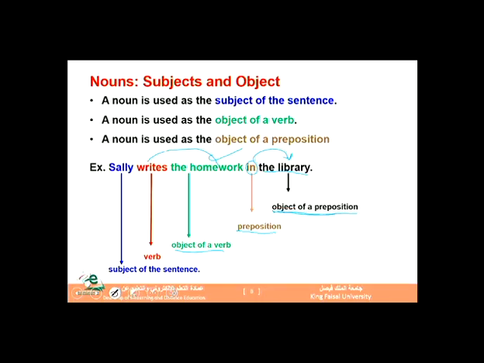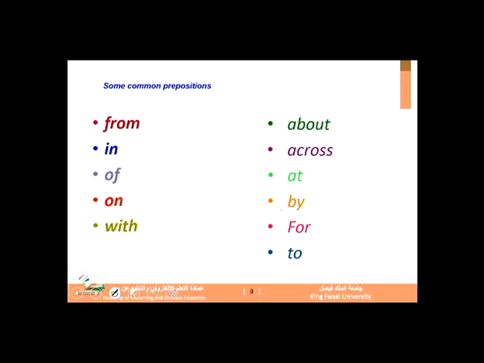After the preposition, we also have an object, but this is called an object of a preposition. Now, if you look at examples of prepositions, we can have about, across, at, by, for, to, from, in, of, on, with. These are some of the most common prepositions in the English language.